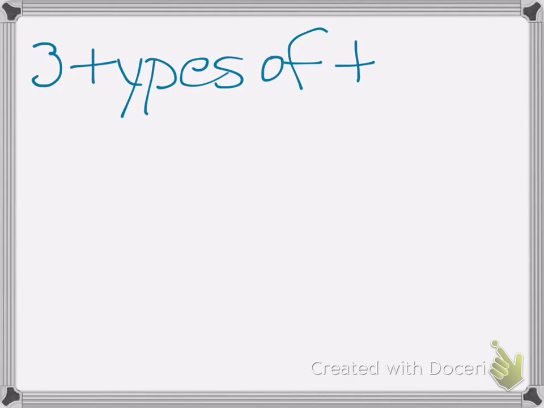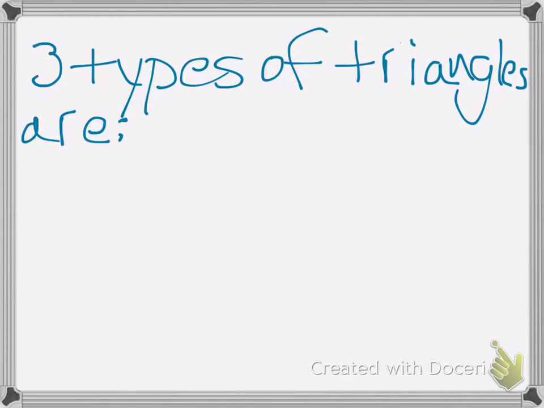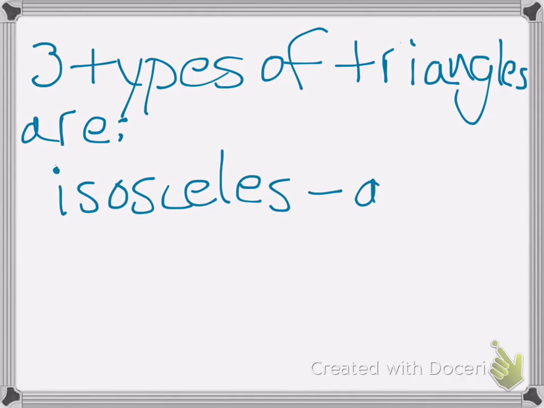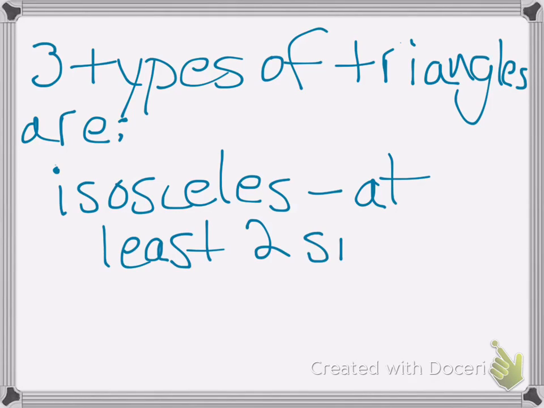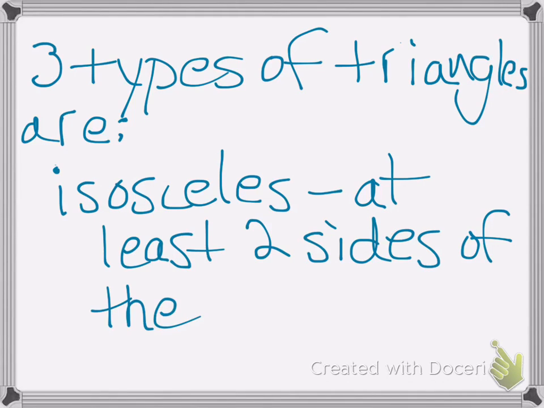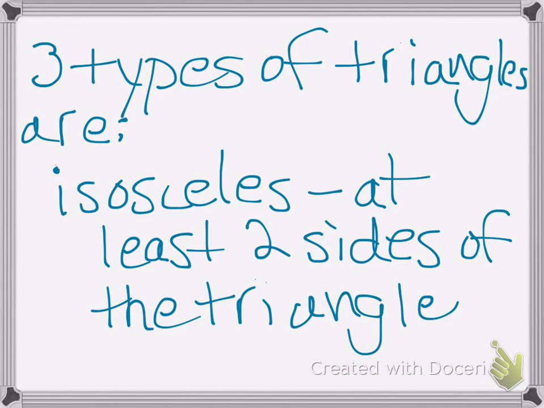The three types of triangles are isosceles, where at least two sides of the triangle are congruent.